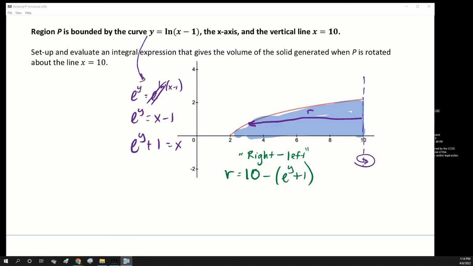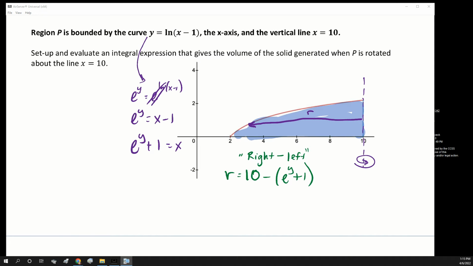It's important that you put that in parentheses, because you have to subtract that whole thing. Since this is a calculator problem, there's no reason to worry about distributing that and simplifying it. Don't do it. Just leave it messy. It's fine. So we do need to figure out our upper and lower limits.